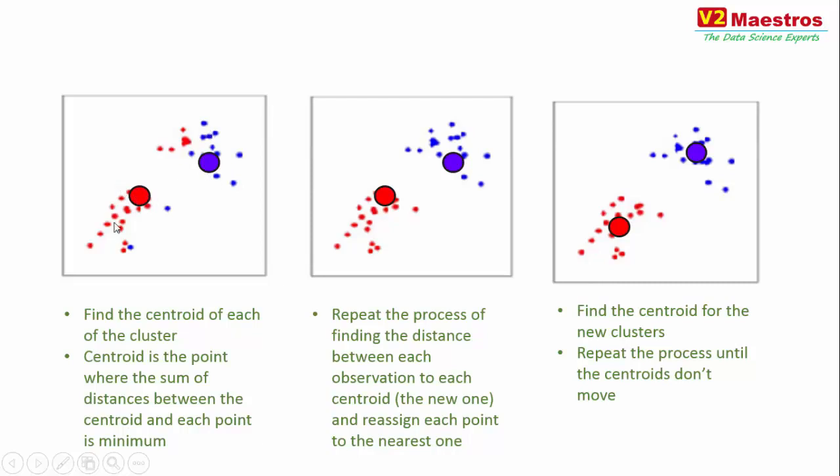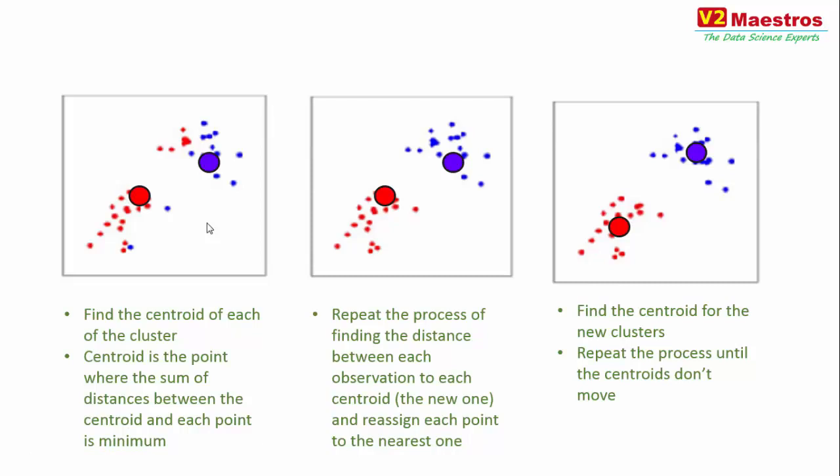Now you see that these are the centroids. Now what happens? Now I go and repeat the process. I repeat the process of finding the distance between each point and each of the centroids and then assigning each point to the nearest centroid.